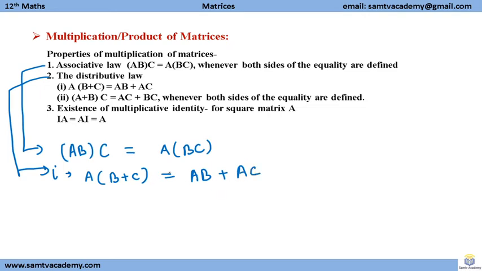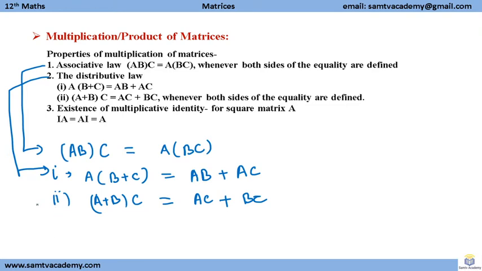So these both are equal. The second property says that if we first add A and B and then multiply it with C, that will be equal to, if we separately take the products AC and BC and then sum them together, that will be equal to A plus B multiplied by C.